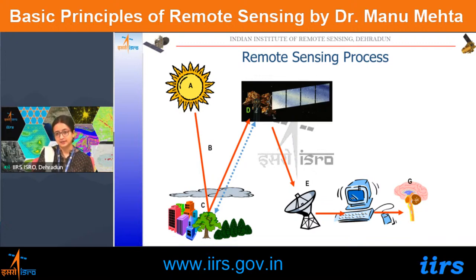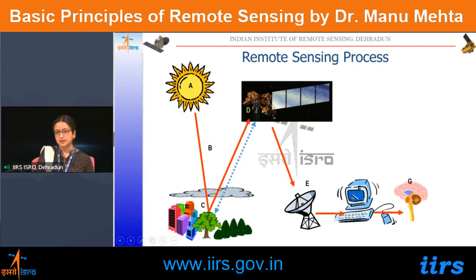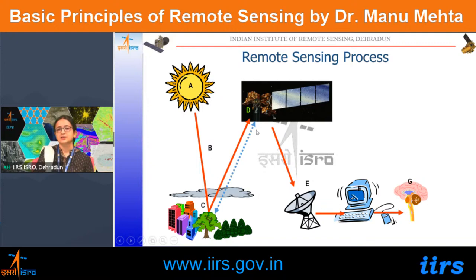You will have a platform, a source, and a sensor. The source will first illuminate the target. Part of it will be backscattered in the direction where the platform is taking the information. This part of the energy is sensed by the sensor, which is again on the same platform, and this type of remote sensing is called active remote sensing.